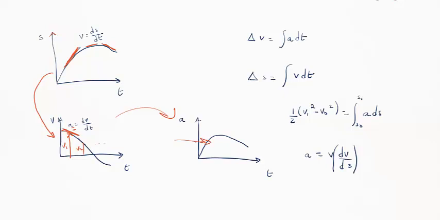Now let's say we want to get the velocity over a range of time. It's basically the area under the graph of the acceleration, so we integrate a dt, and for the position we integrate over v.